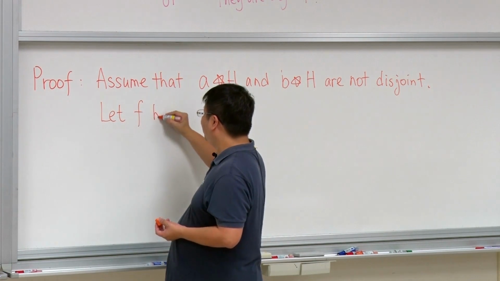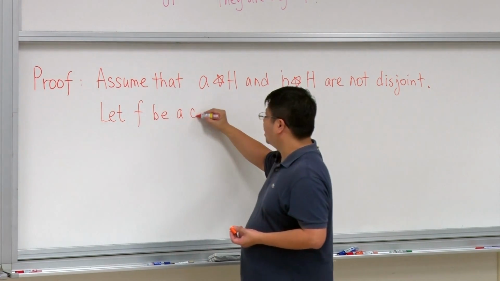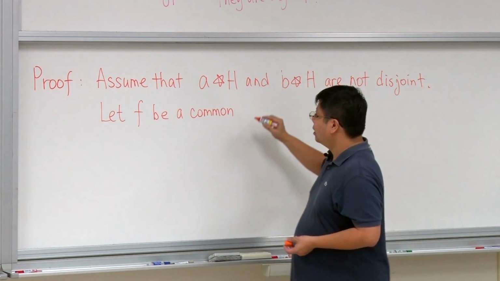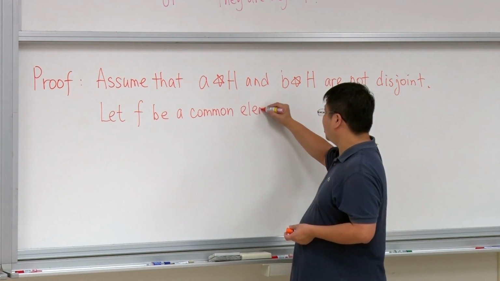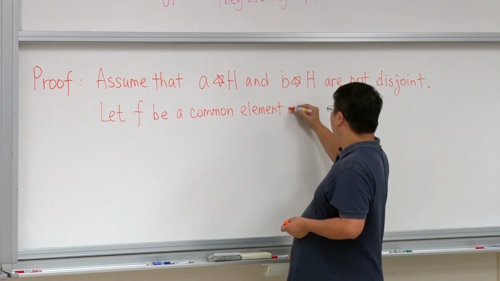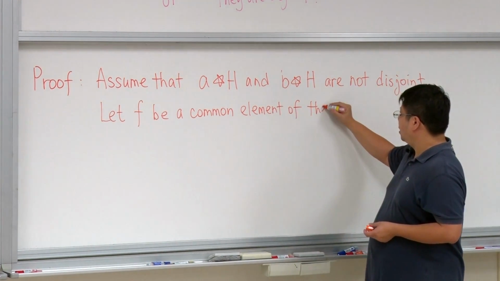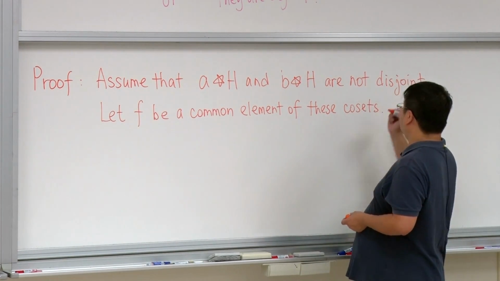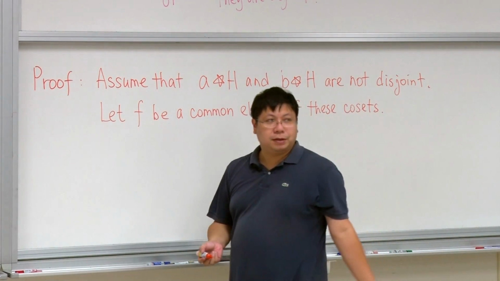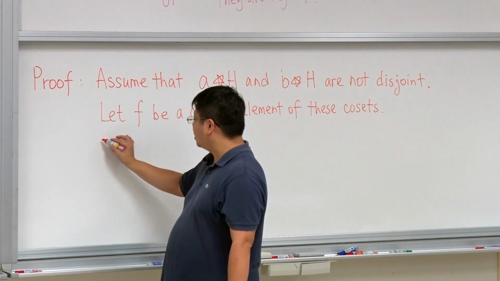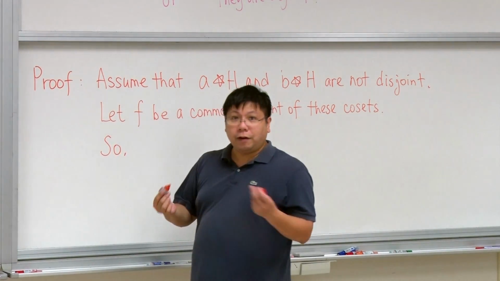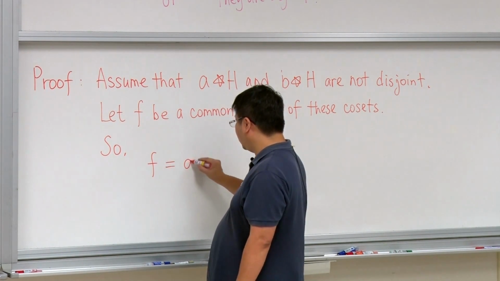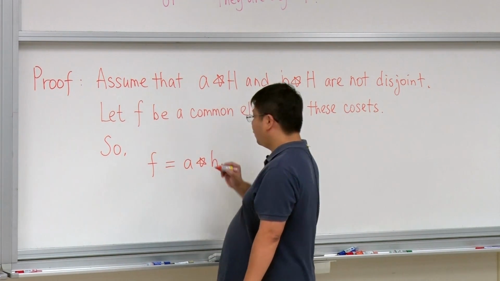Let F be a common element of these two cosets. They may have many common elements, but let's say F is one of them. What does it mean? F is an element of the coset A star H, so F is equal to A star H1 for some H1.